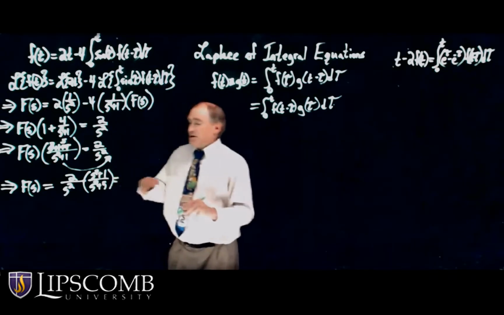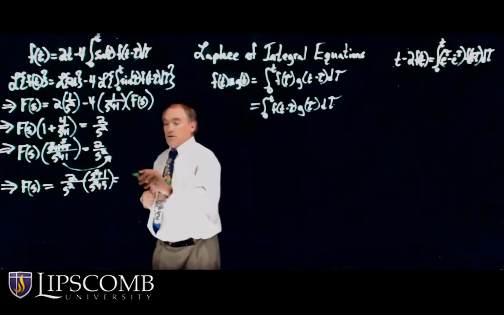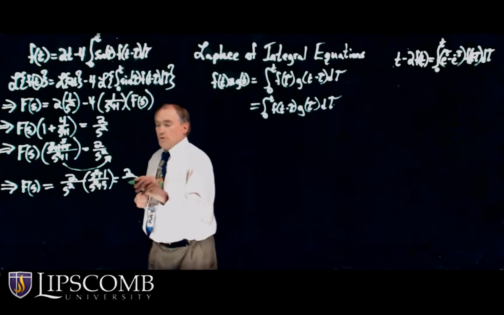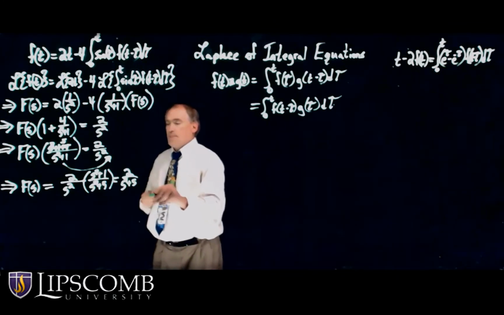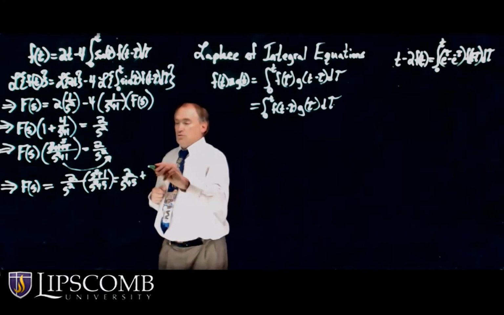So this becomes 2 over, the s squareds cancel out on that first term, so 2 over s squared plus 5, plus 2 over s squared times s squared plus 5.